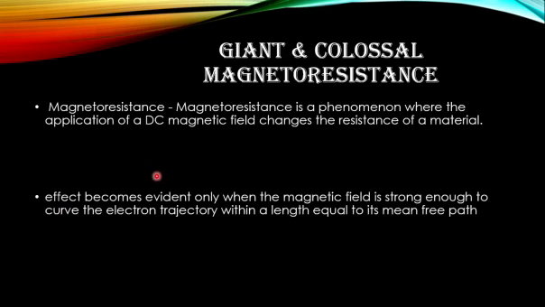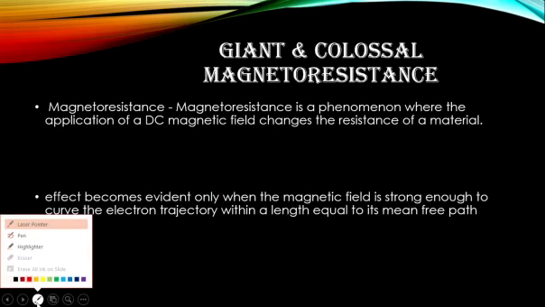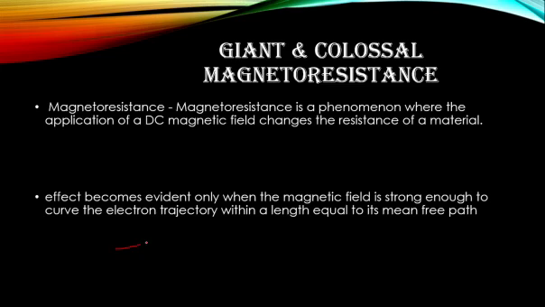This effect will become more evident when the magnetic field is strong enough to curve the electron trajectory within a length equal to its mean free path. In the case of metals, resistance arises when, in the flow of the electron, some defects happen and the electron is retarded, which means there is a resistance felt by the electron.